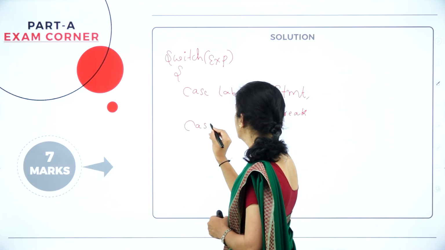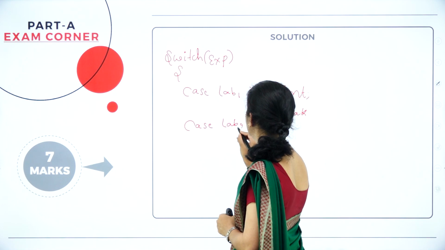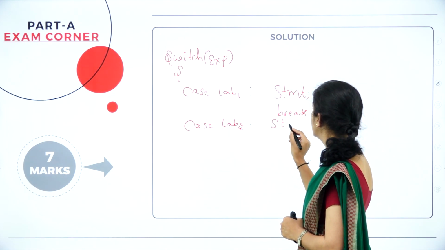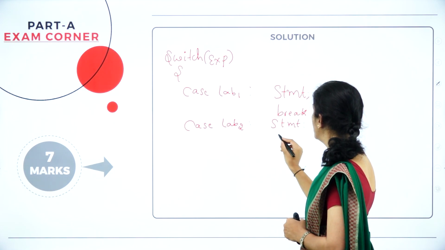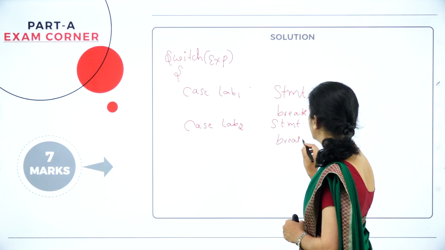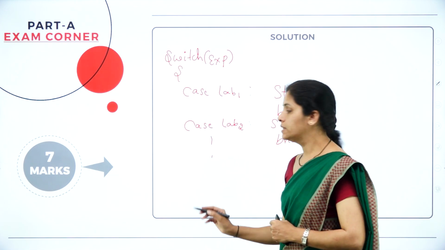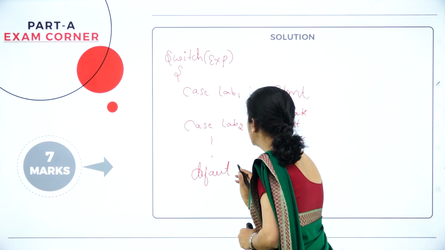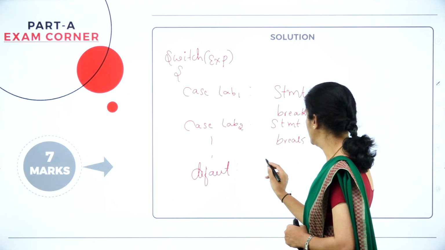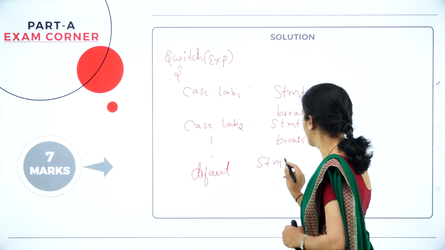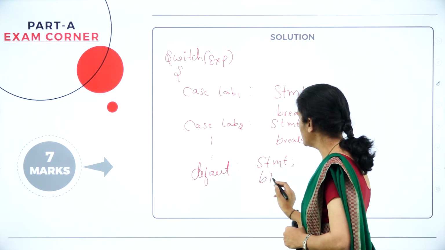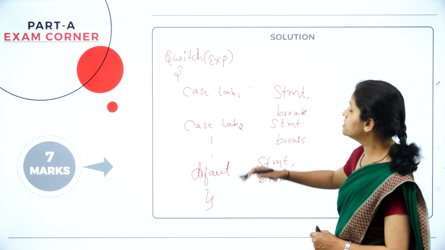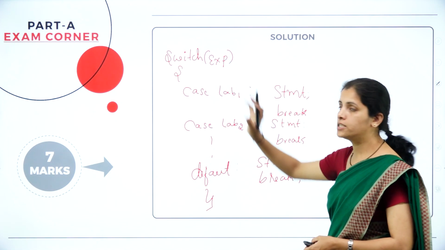Case label 2, okay, statement, break, and it's going to continue. Then at the end, I'm going to have default statement, okay, break, then close. So this is the syntax of switch statement.